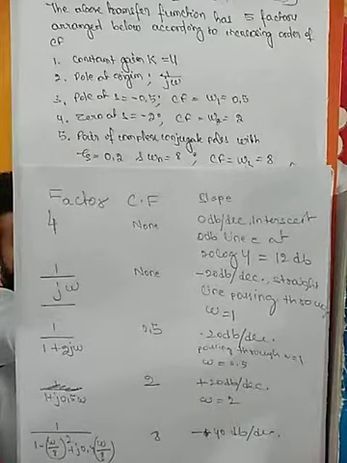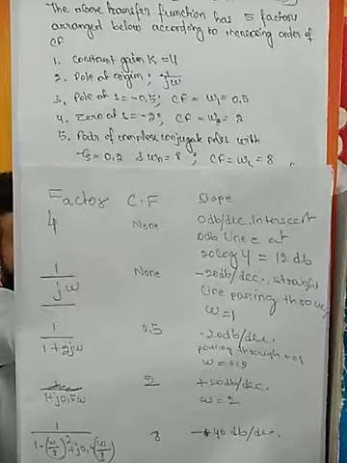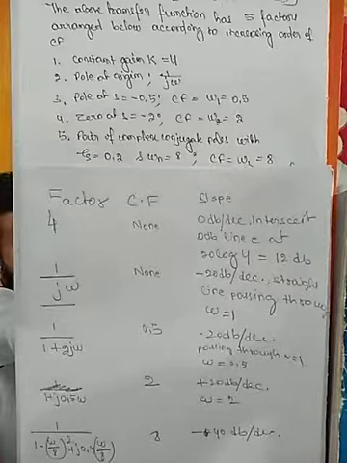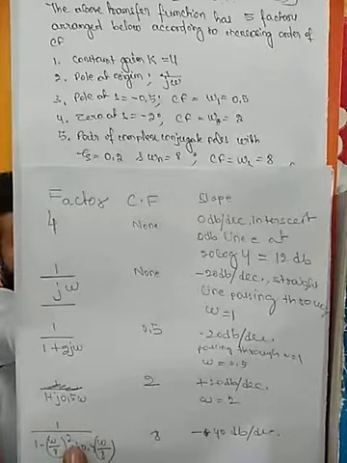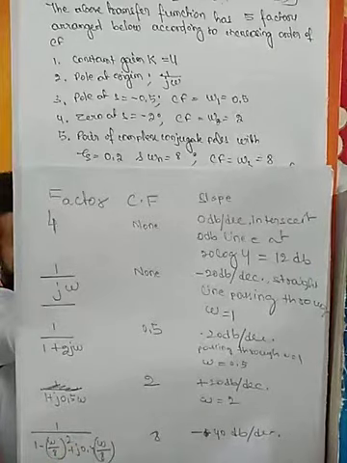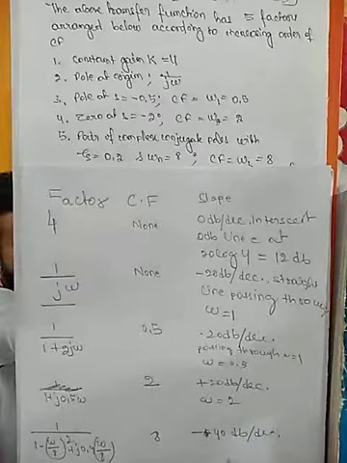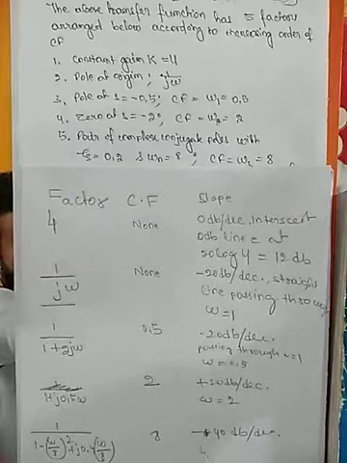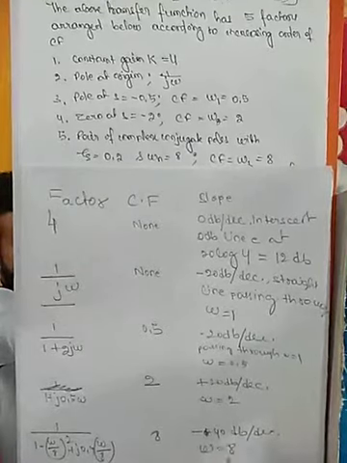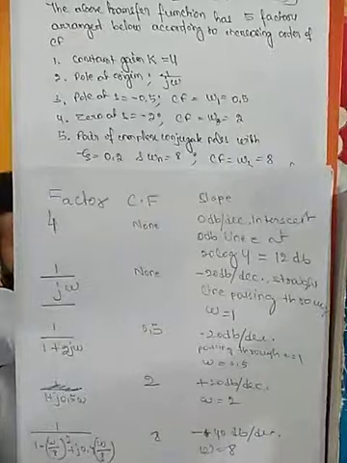And for poles, it is minus 20 dB per decade, minus 40 dB per decade, minus 60 dB per decade. As it is a complex conjugate pole pair, it is minus 40 dB per decade, starting at a corner frequency of omega equal to 8 rad per second.